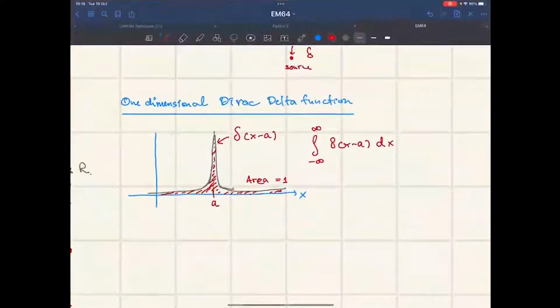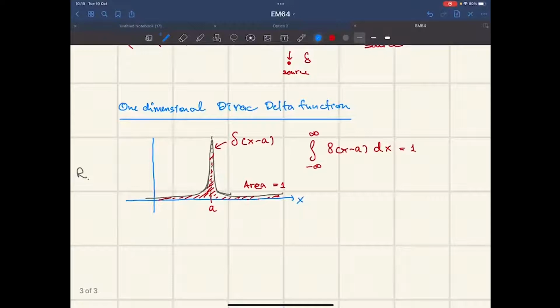Sorry, this integration is equal to 1 here. Let's continue. Any questions? So when we talk about this Dirac Delta function as the representation of a source, it means the source is here.